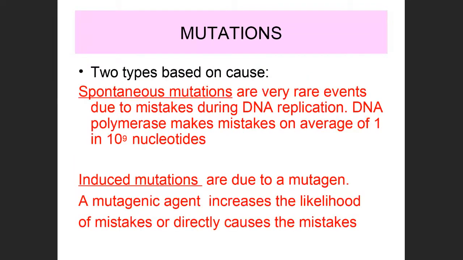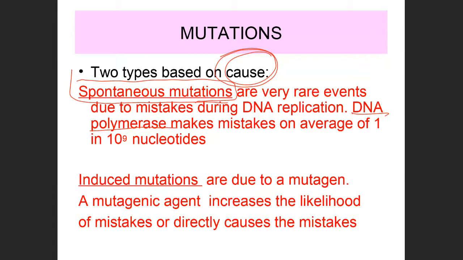There are two types of mutations, based on the cause, what caused the mutation. Mutation may be spontaneous, which is a mistake in DNA replication. Remember, DNA polymerase does not make mistakes. It has proofreading ability, so I should say it makes very few mistakes.